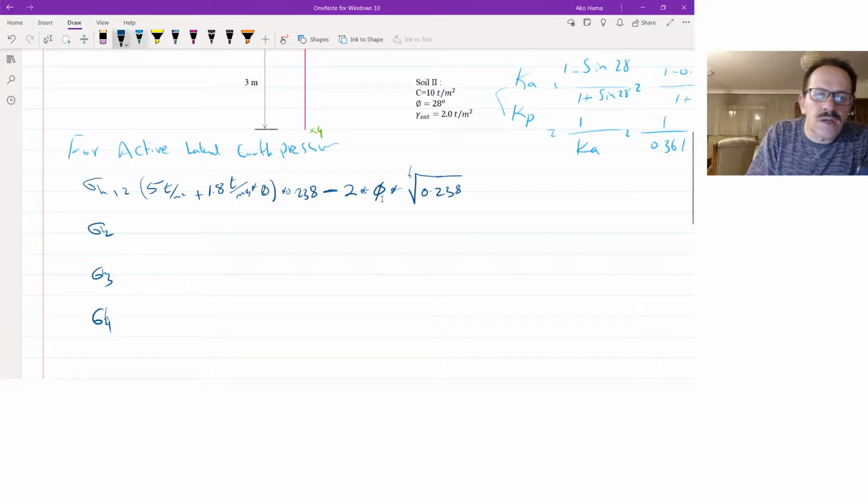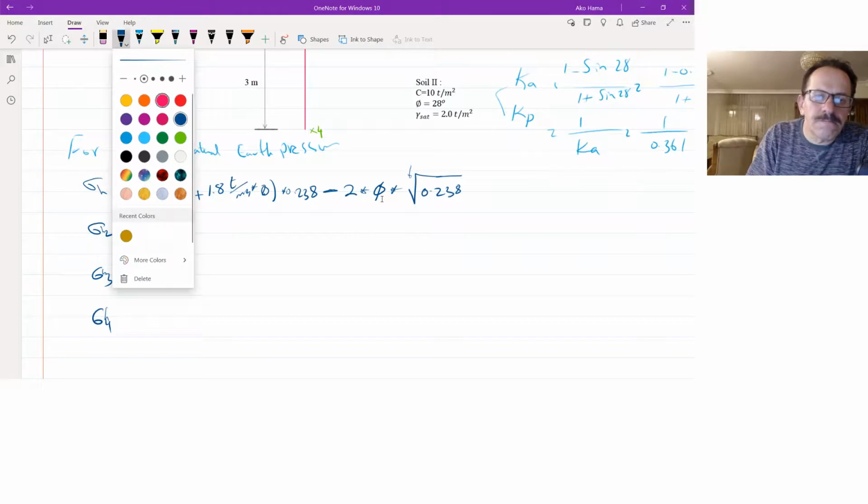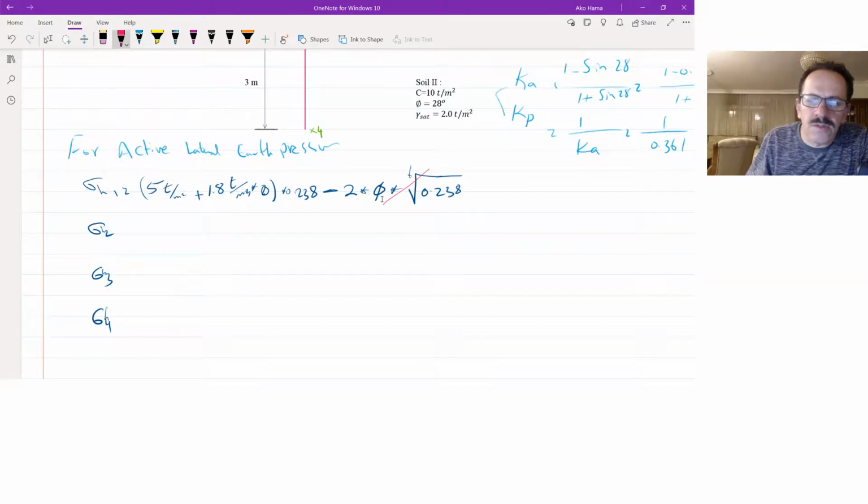Now you can see this is going to be 0 because we have 0, and this is going to be 0. So what will we have?